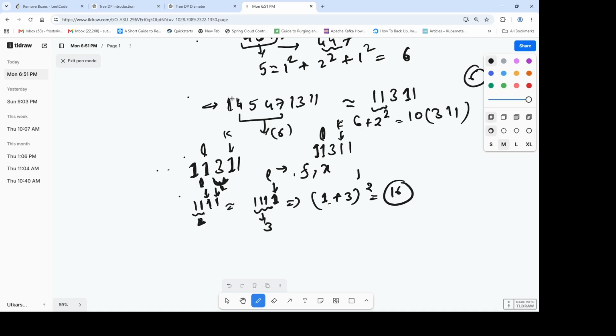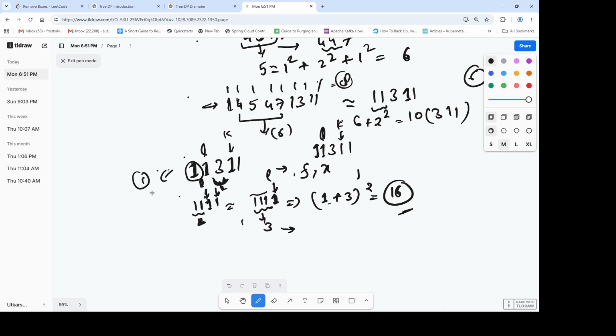If we try to remove them individually, then 1 1 1 1 1 1 1, right? That we get 2 3 4 5 6 7 8. This part itself is getting more. Remember one thing, every time we are carrying some extra character with it, right? Here this one is carrying 1 extra character, this is carrying 2, and this is carrying 3 extra characters, right?